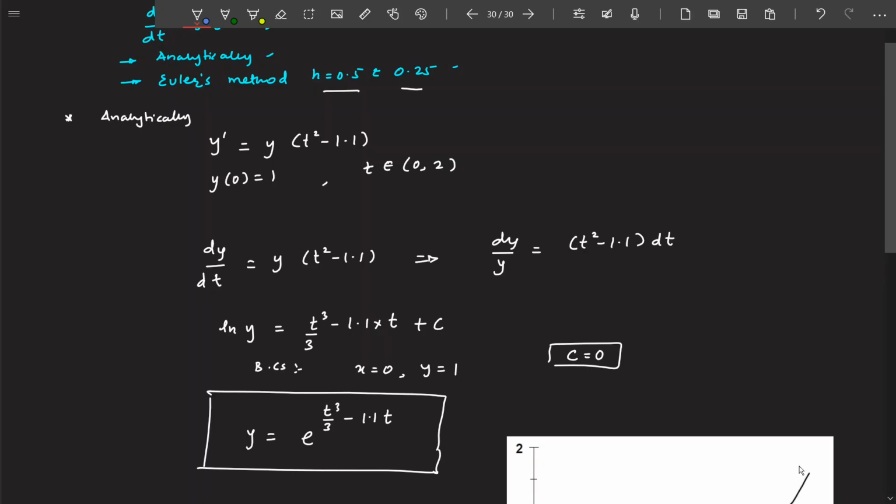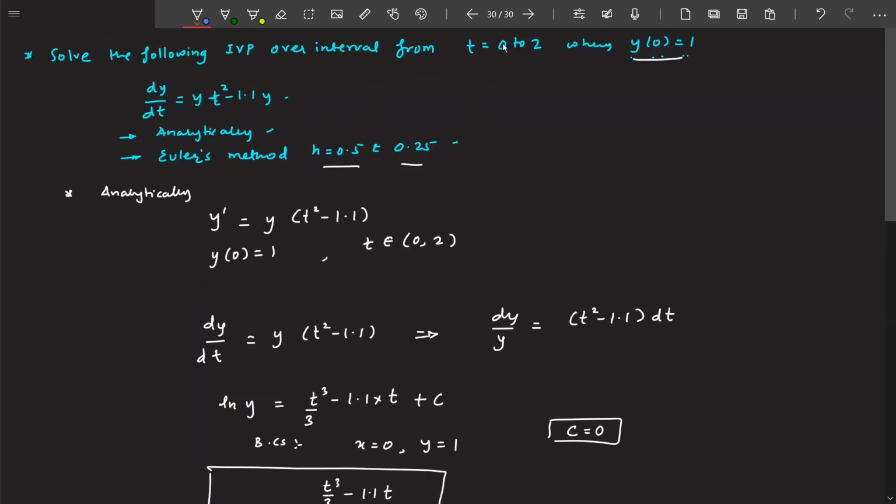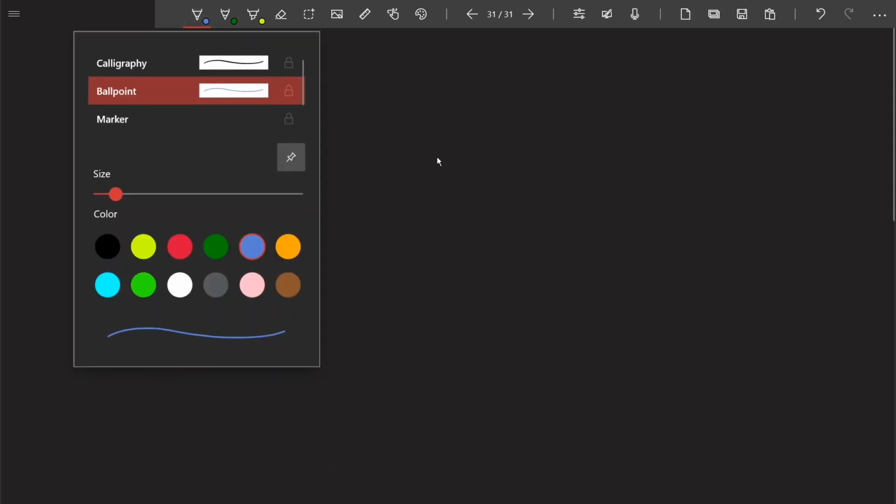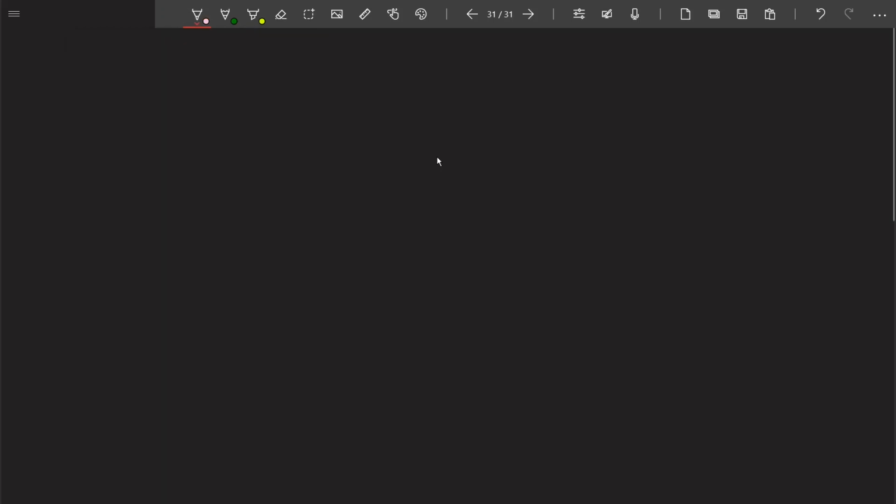So let's use this. What is your differential equation? y t square minus 1.1.